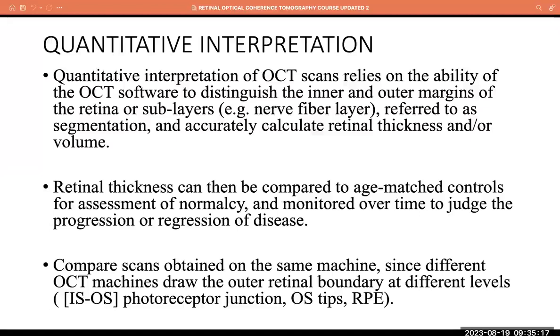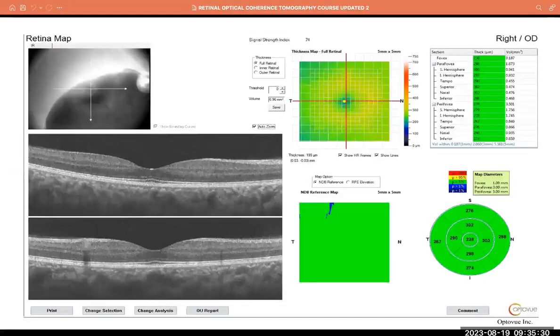So next slide. I've put in the retinal map that is normal. Next slide, please. And I will explain a few things and give a few guidance.